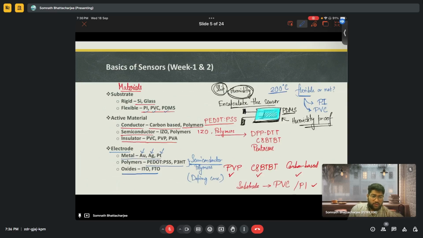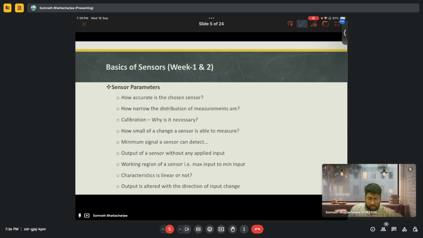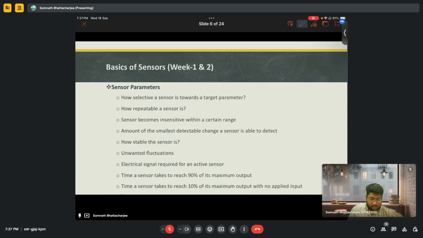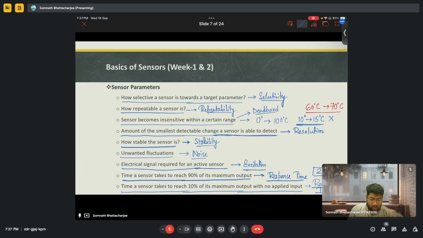Then sensor materials: what the different kinds of materials are, how to choose a material, and how our choices should be made so that they don't affect any other constituent layer within the sensor. Then sensor parameters, where we learned about accuracy, precision, calibration, sensitivity, threshold, offset, working range or span, linearity, hysteresis. And here we have learned selectivity, repeatability, deadband, resolution, stability, noise, excitation, response time, and recovery time.